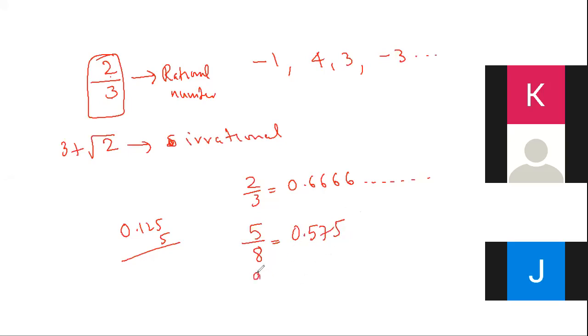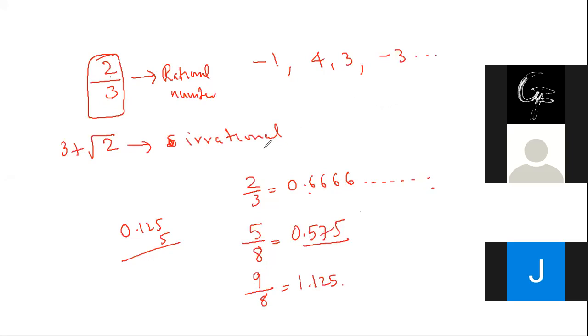If I write 9 by 8, it is 1.125. They will terminate, they stop, nothing more here. So a rational number either recurs or terminates. An irrational number will neither recur nor terminate. If I calculate any irrational number's value, it will be like this.